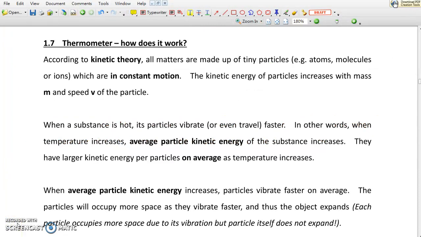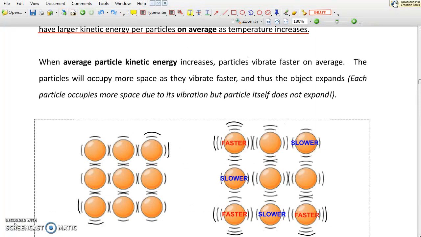1.7 Thermometer. How does it work? So you know that particles are in constant motion. They are moving all the time, and their average kinetic energy increases with temperature. But note that it doesn't mean that all particles have the same kinetic energy. Some particles are faster, while some are slower due to the collisions between them.